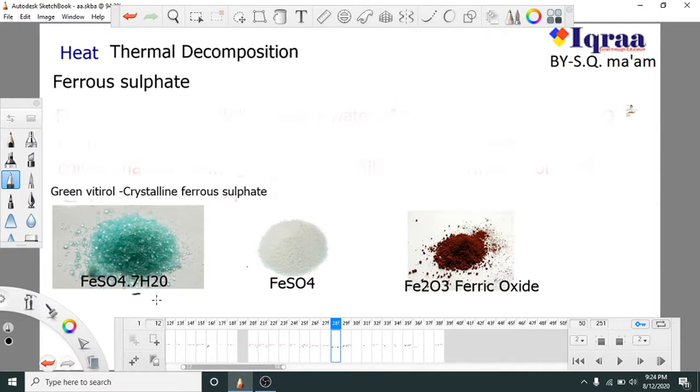This is the real appearance of ferrous sulfate with water, crystalline ferrous sulfate. One more point I want to mention, a very important question that can be asked in board exams: what is green vitriol? This ferrous sulfate is green vitriol when it is crystalline, when it is with water.